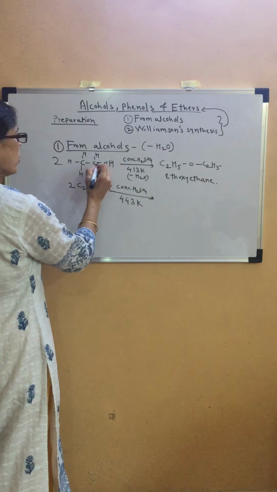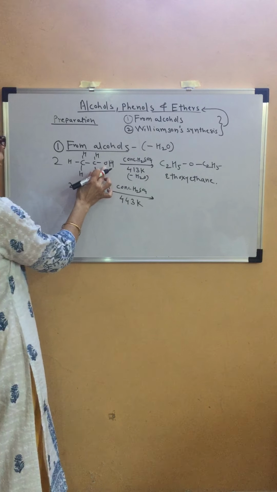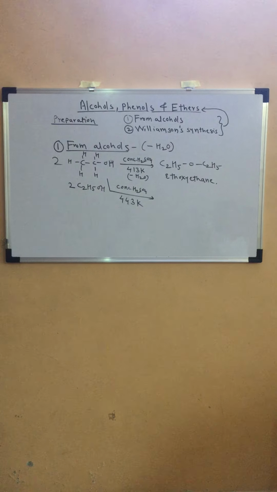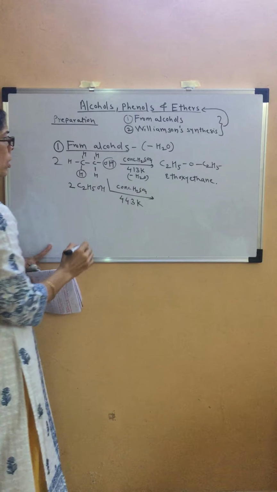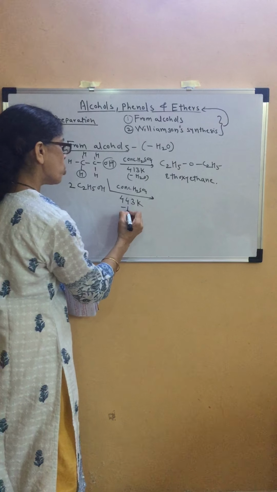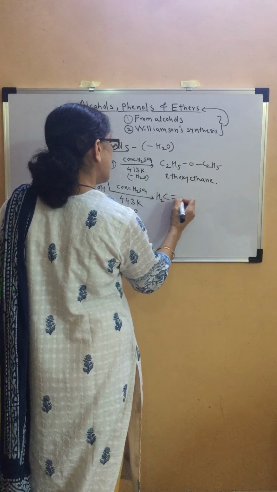See this molecule: OH from one carbon atom and H from another carbon atom are lost in the form of water, minus H2O, and we will get our alkene instead of ether.